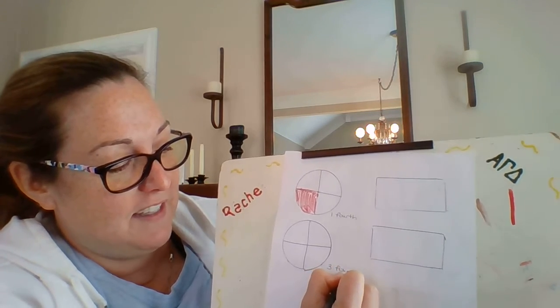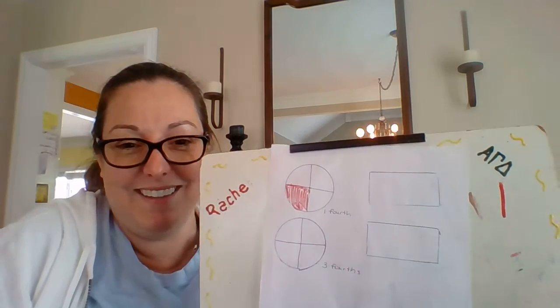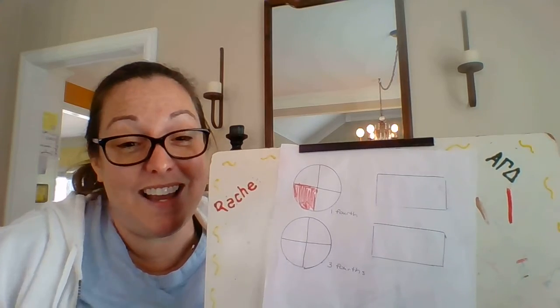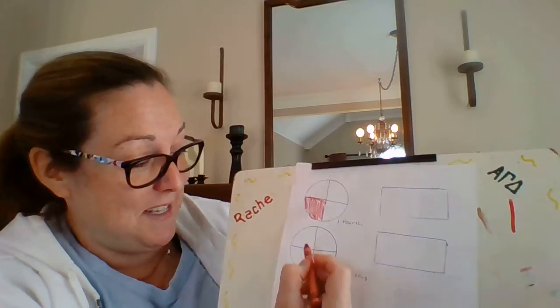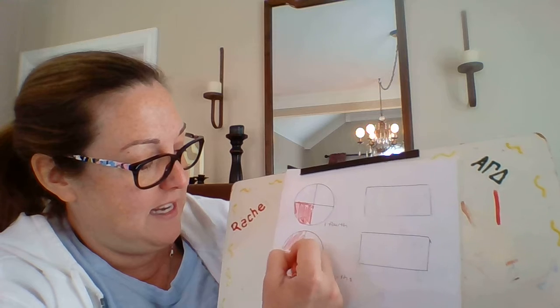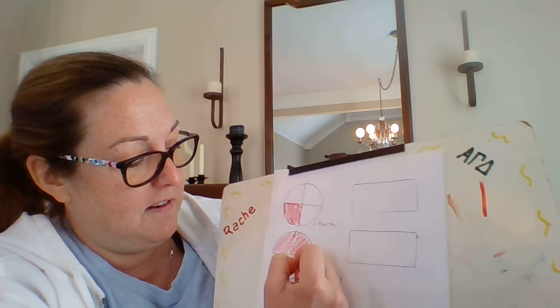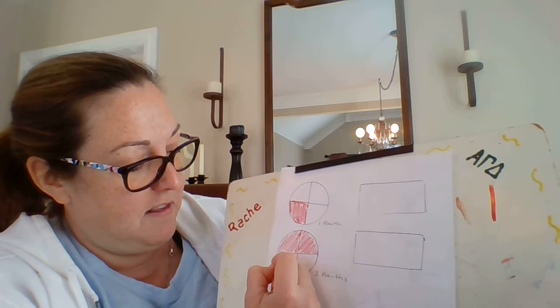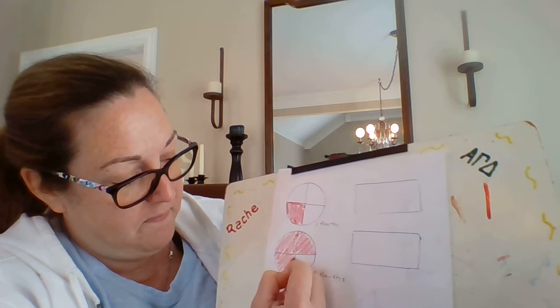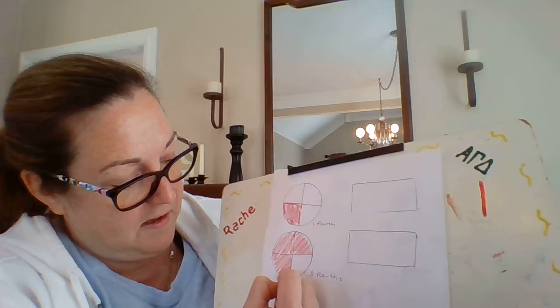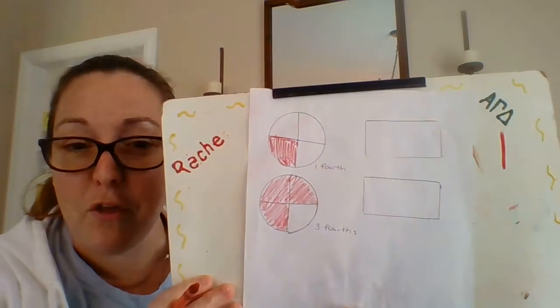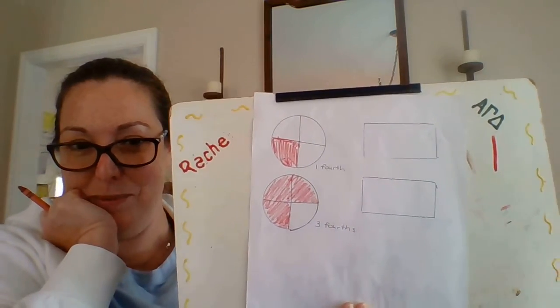And can you guess what that looks like? If you guess that I ate 3 of those pieces, you're exactly right. So let's say I ate 1, 2, 3. So I ate 3/4 of the pizza this time.